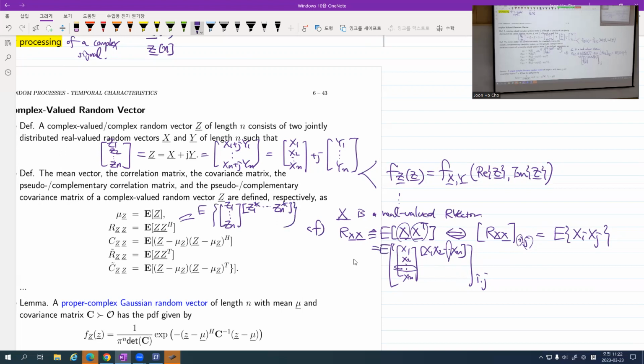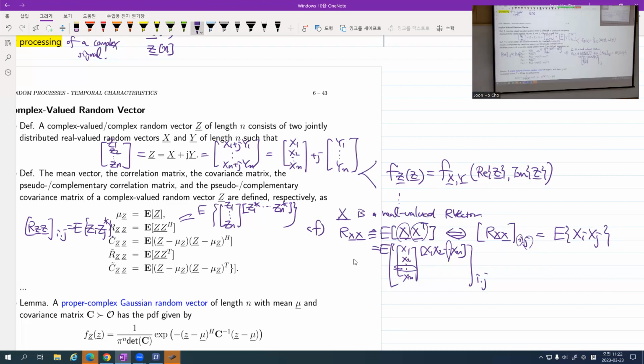So the ijth entry of the correlation matrix is what? Expectation of Z sub i times Z sub j conjugate. Got it? You take the i's component and j's component and multiply.